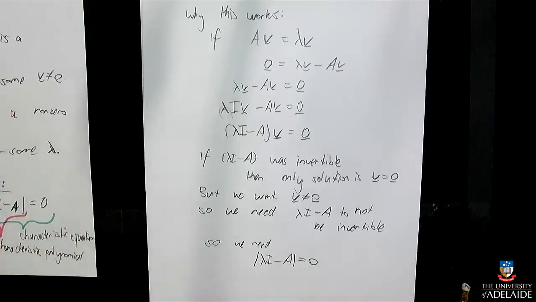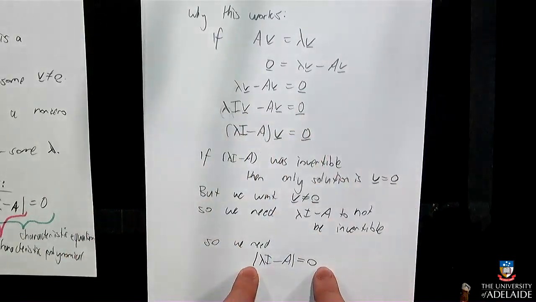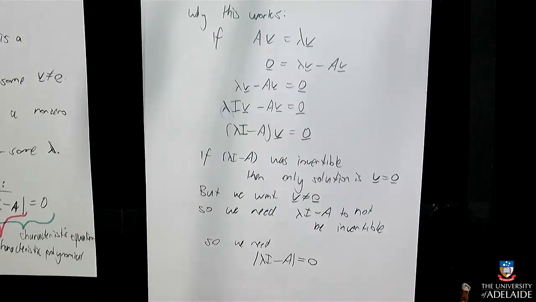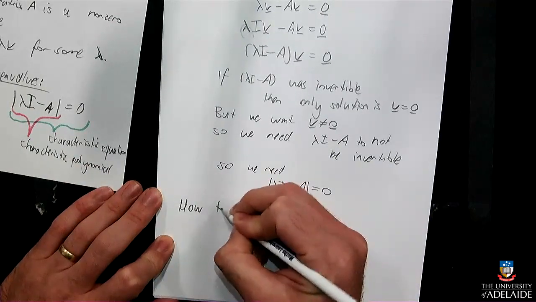We're able to, by virtue of invertible matrices, remove the v and just think about the lambda. So now we've got this equation and we solve that and we find the lambdas. Cool. So now the question is, how do you find the eigenvectors?